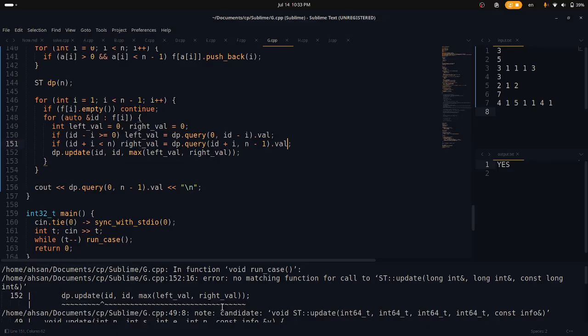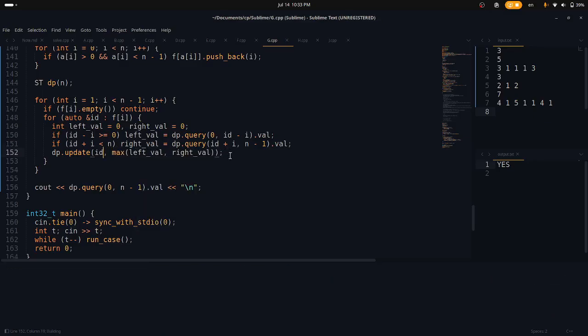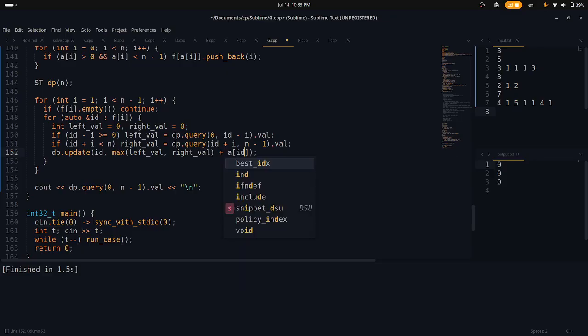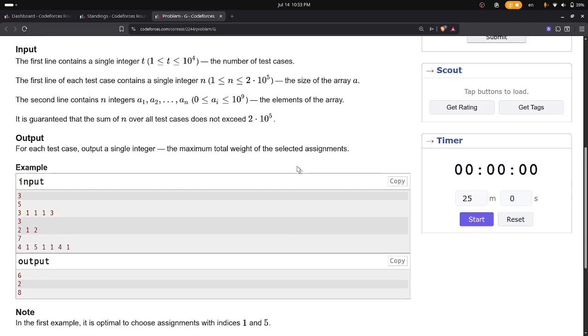What? It's point update, not range. Plus a of I id plus giving wrong answer.